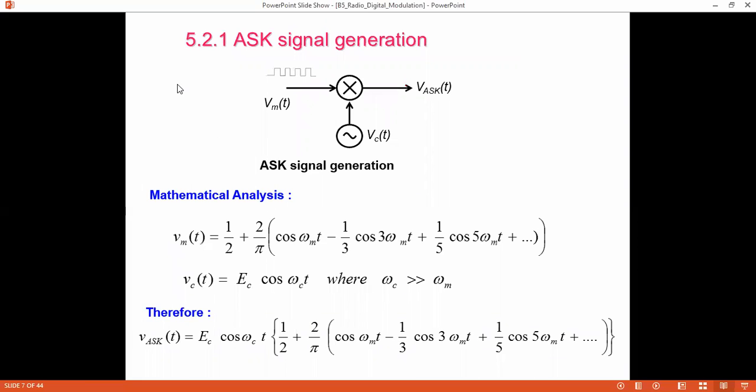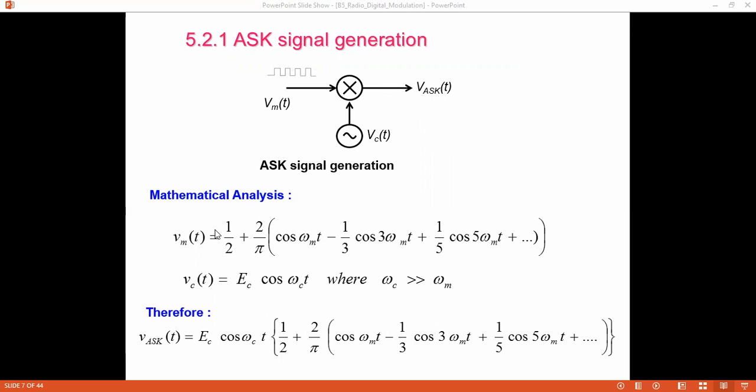Okay, in terms of the generation of the ASK signal, we can generate it just by multiplying our carrier with our digital or binary signal to produce the ASK signal.